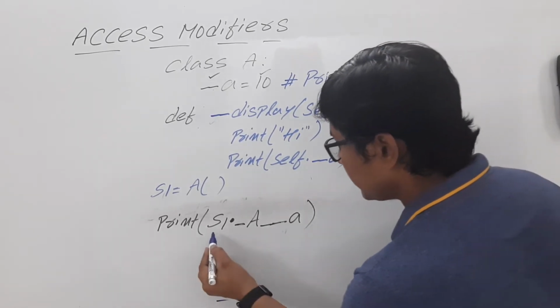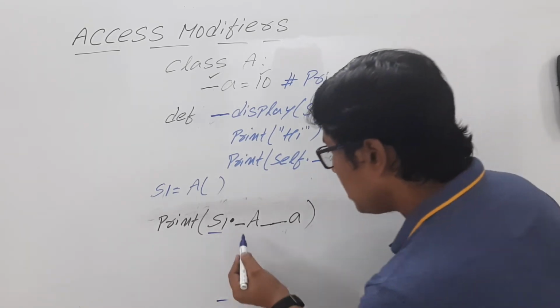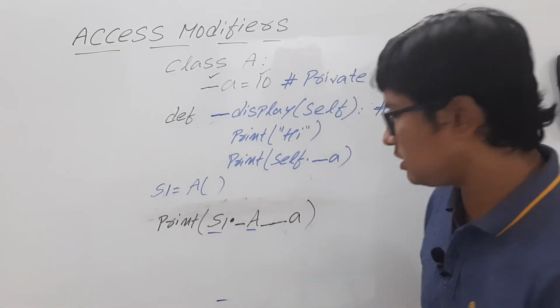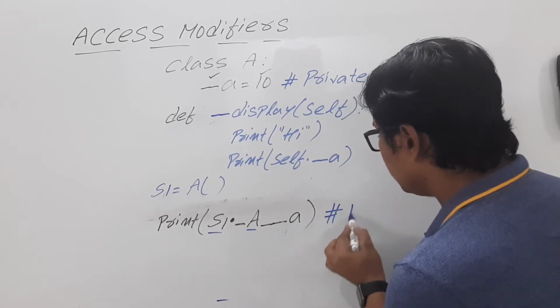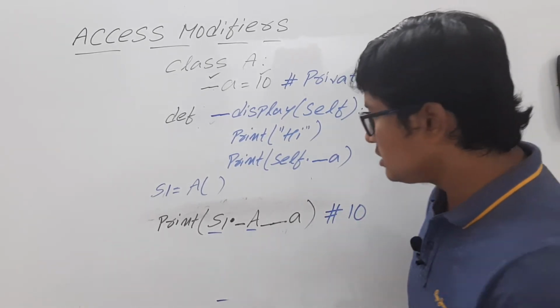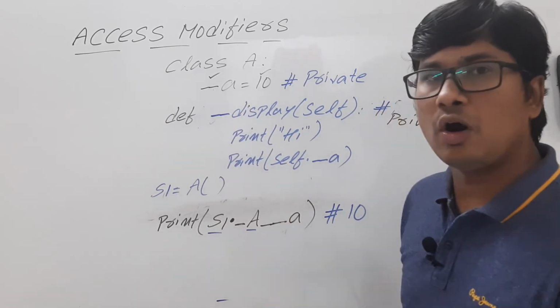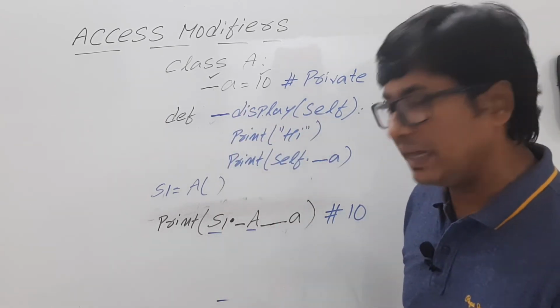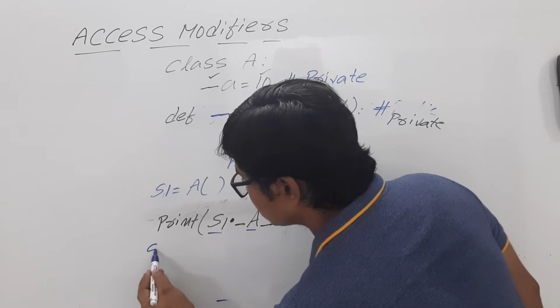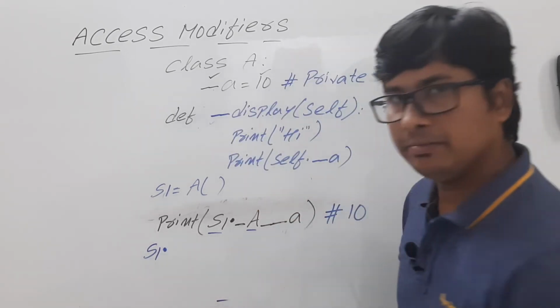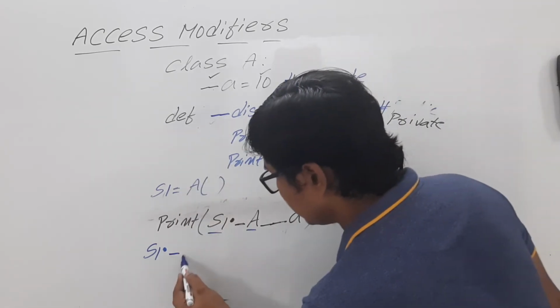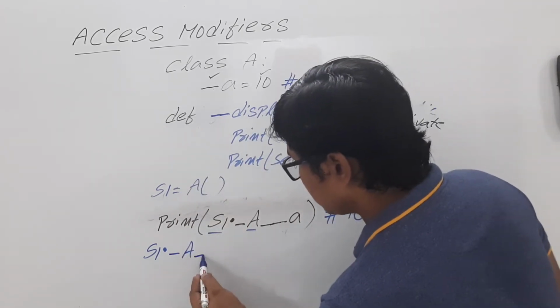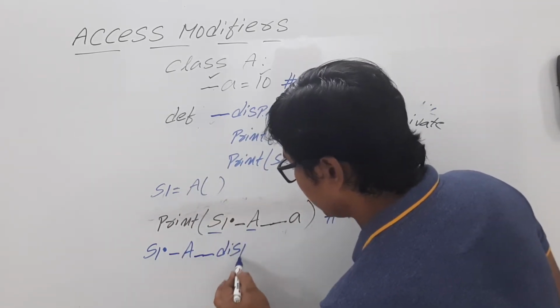So let me discuss again. This s1 is an object, then underscore A which is the class name, then double underscore variable name. In this scenario, it will give the output as 10. Similarly, if you want to call the private method, you can use the same thing: object name, single underscore, class name, double underscore display method.